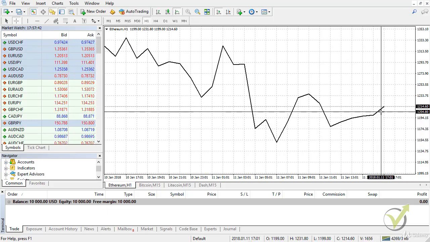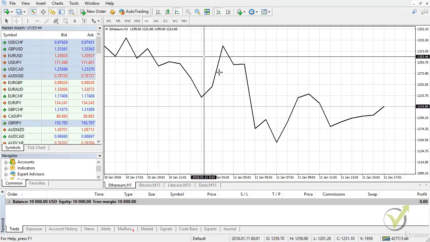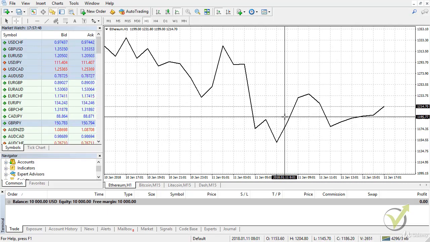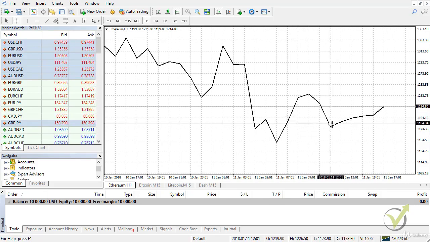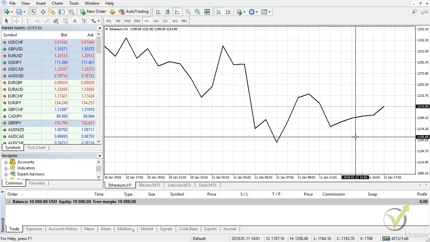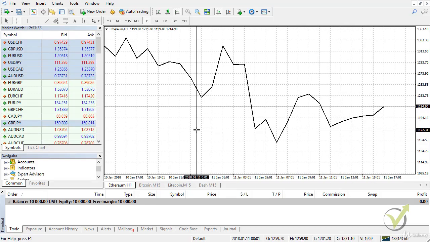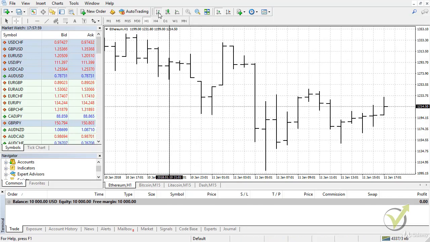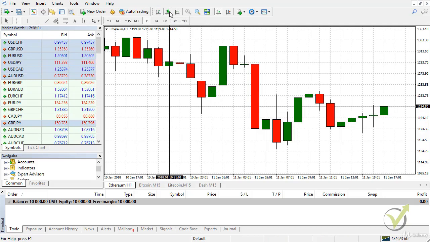We see where the price is, at what level, we see the movement, but we don't see exactly at what hour where the price was, where were the negative and the positive hours. And it's really hard actually to do any trading with a line chart. That's why the most common ones are the bars and the candlesticks.